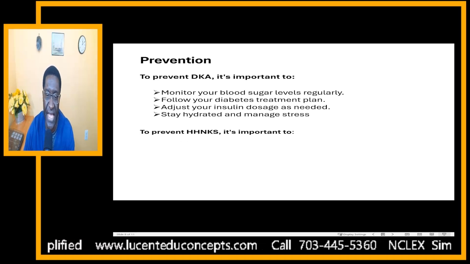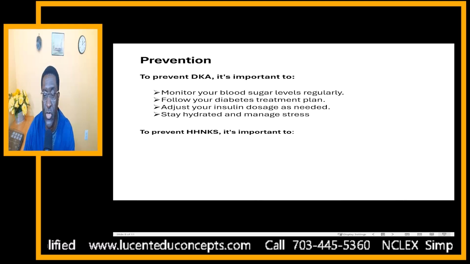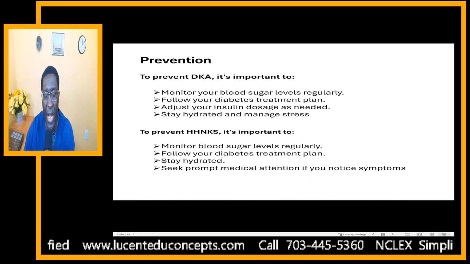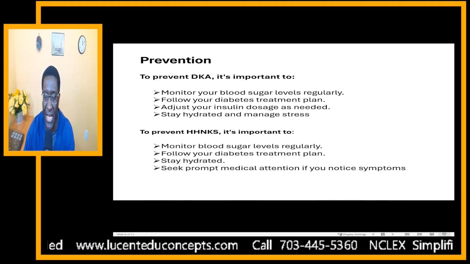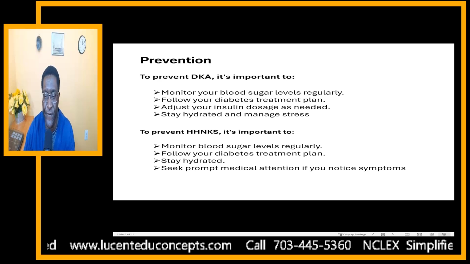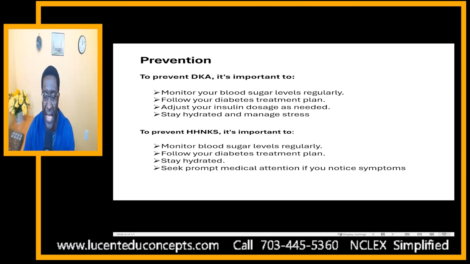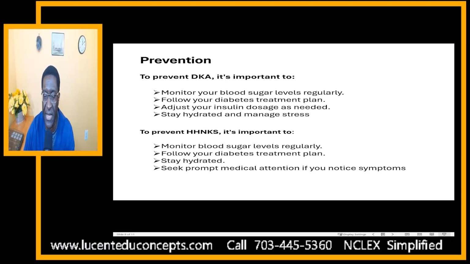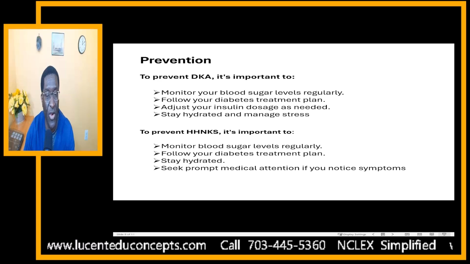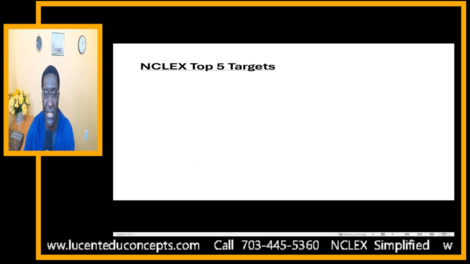In the case of HHNKS, it's always important to monitor blood sugar levels regularly, follow the diabetic treatment plan, stay hydrated, and always seek prompt medical attention if one notices any changes in symptoms.